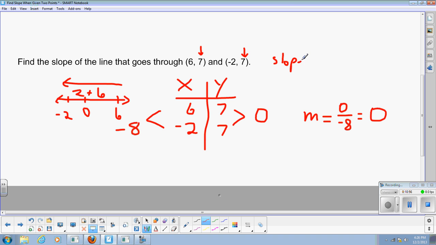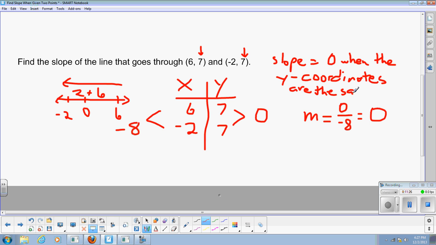Slope equals 0. Hope you can read that. I was trying to write that with the mouse. Slope will always equal 0 when the y coordinates are the same.